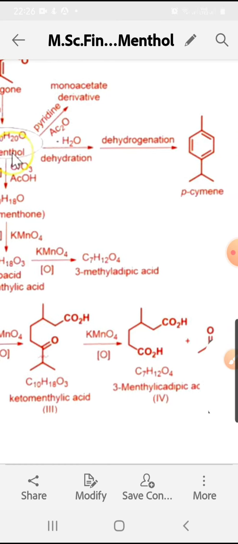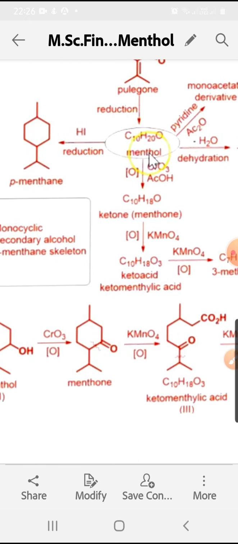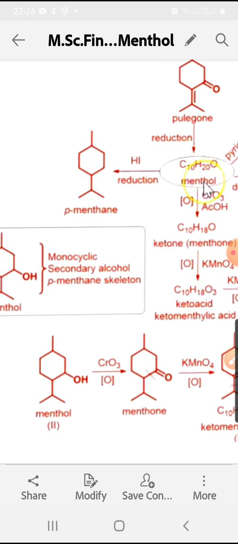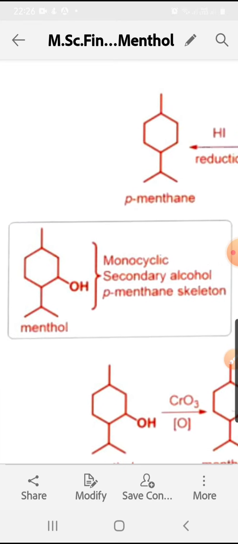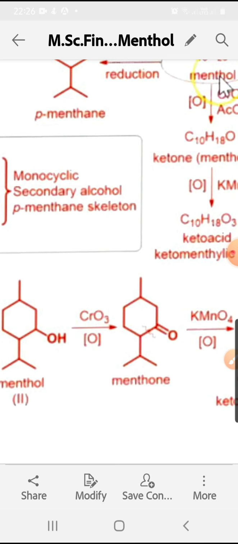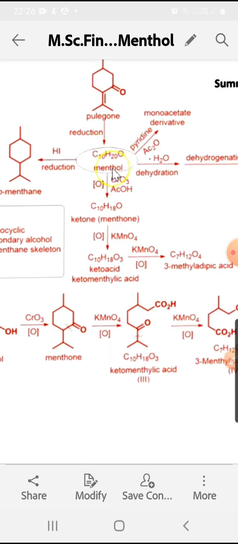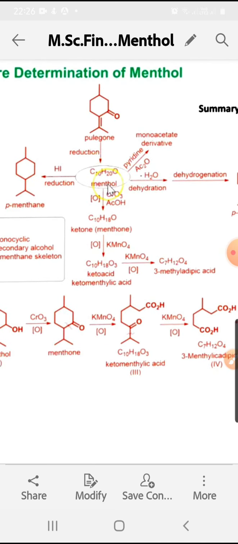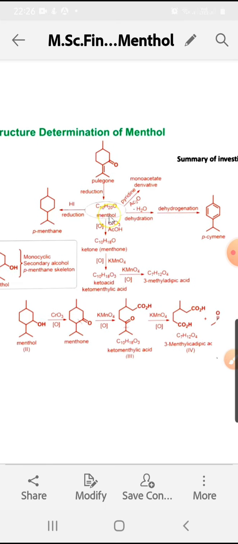The formation of this 3-methyl adipic acid is only possible when we assume the structure of menthol is like this, shown in the figure: a monocyclic secondary alcohol or paramenthane skeleton. Therefore, with the help of a variety of simple chemical reactions, we can determine the structure of menthol.